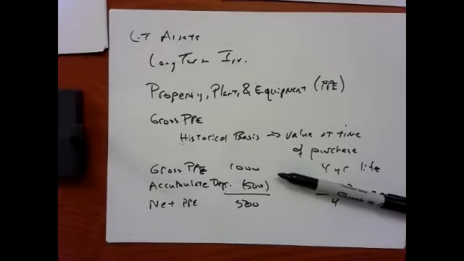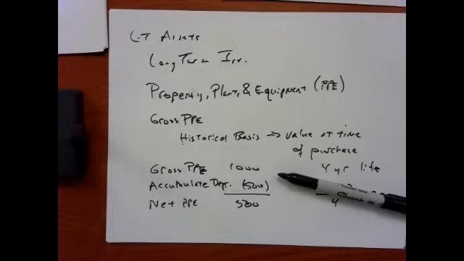So if you bought the land, you're not charging yourself for it on the income statement because it's not being depreciated. You're just carrying it as an asset that's not being used up. Now, if you sell it, you'll have to take a gain.